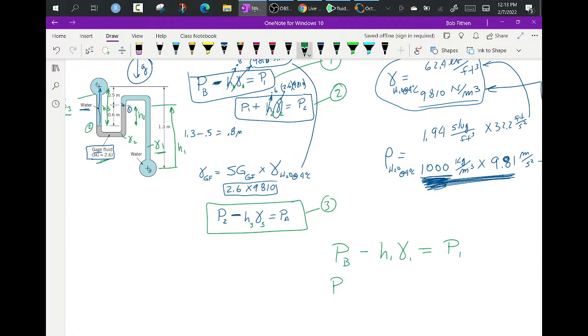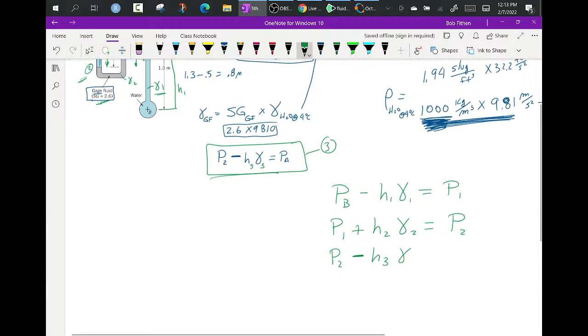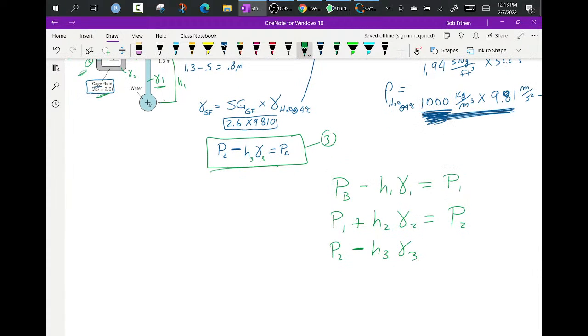Right under it I'll say P1 plus H2 gamma 2 is equal to P2, right there, that location right there. And then this last one, which is P2 minus H3 gamma 3 equals PA.